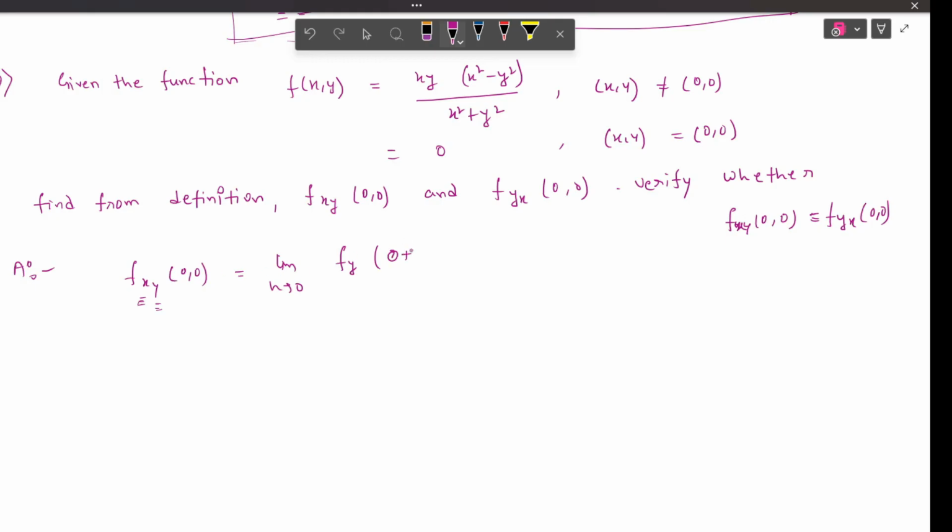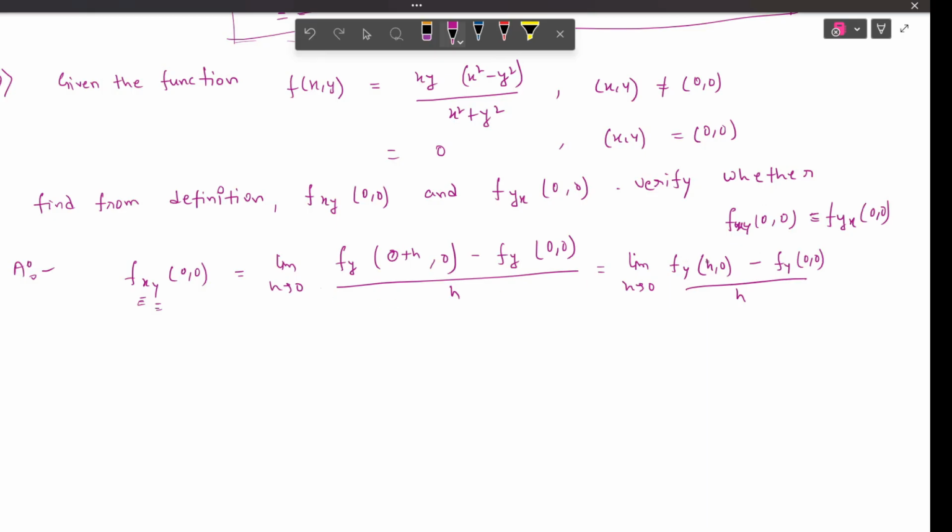So f of y(0 plus h, 0) minus fy(0, 0) upon h. So this is limit h tending to 0, fy(h, 0) minus fy(0, 0) upon h.